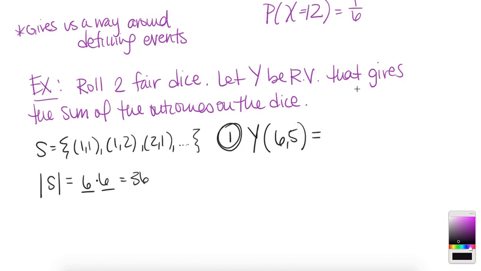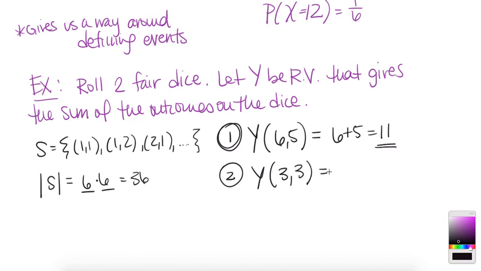And remember, y is the random variable that gives the sum of the outcomes on your dice. So that would be 6 plus 5 is equal to 11. Similarly, if we had y of 3, 3, all y does, it follows the rule of adding them together and gives you that outcome.